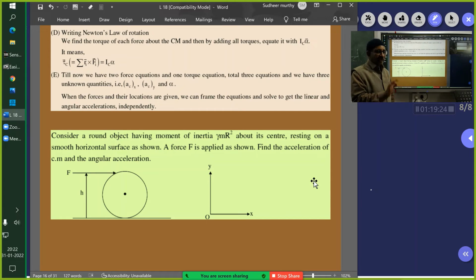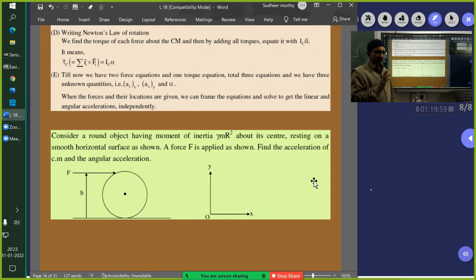If the force vector is not passing through the center, as per the theory that I taught you, then you have to consider the inertial rotational mass. So now this force F can overcome the inertial mass and therefore will have translatory acceleration. Now this force F can also overcome the rotational inertia, and therefore it should have alpha.